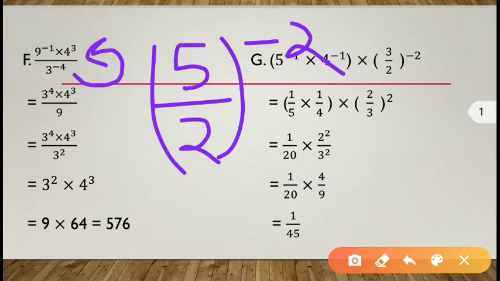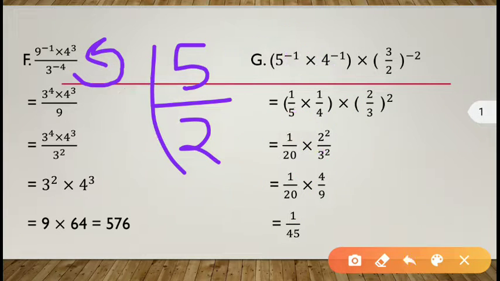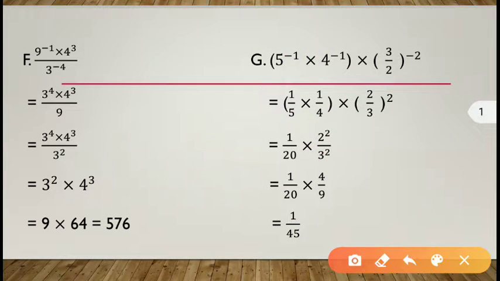If you want to change this minus sign into plus sign, what will you do? You will change their position, meaning you write 2 by 5, and this will become positive. In the same way here, if you want to change this minus 1 into plus, just change their positions.